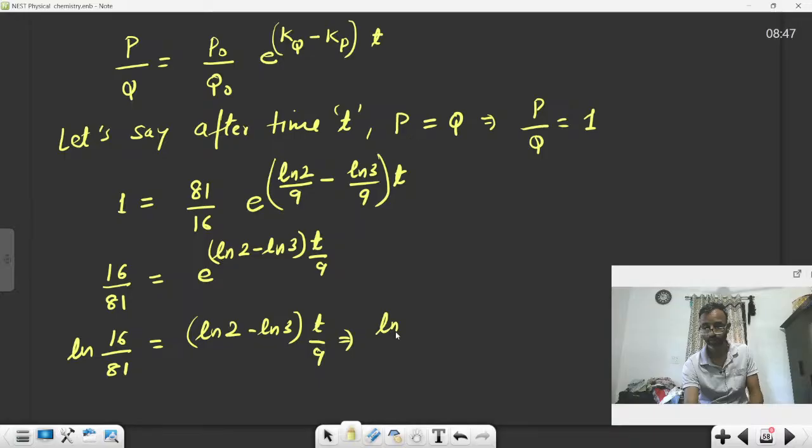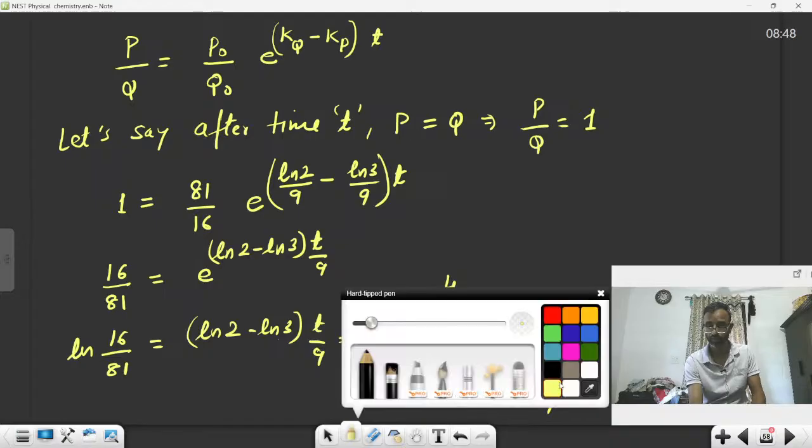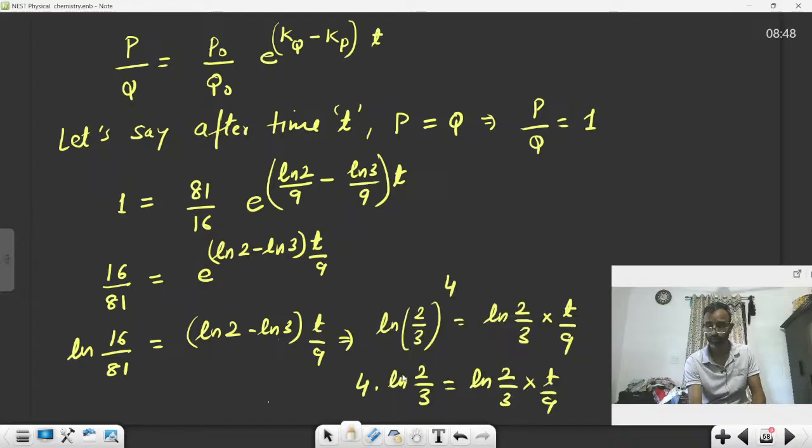It is natural log of 2 by 3 raised to power 4. So it becomes 4 into natural log of 2 by 3, that is equal to natural log of 2 by 3 into t by 9. So cancelled.